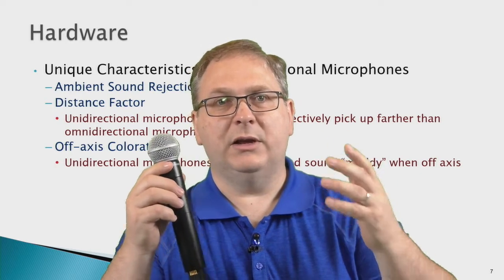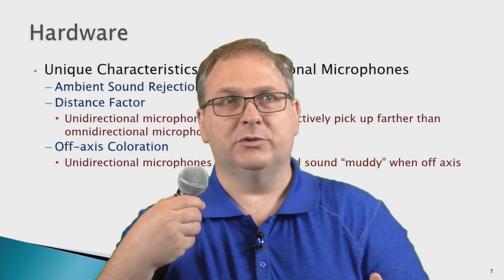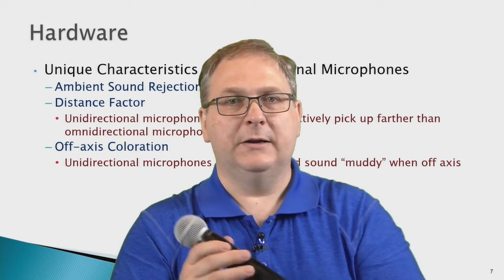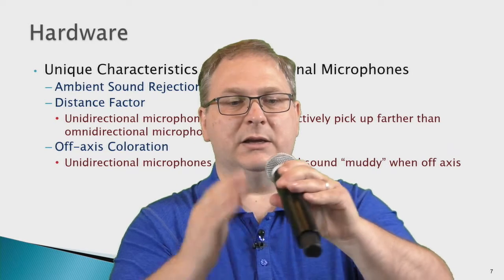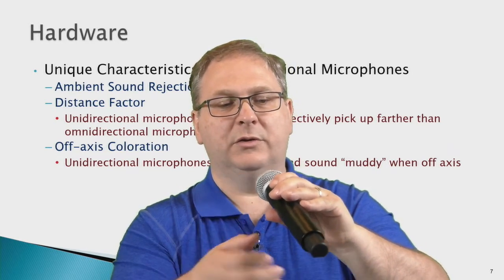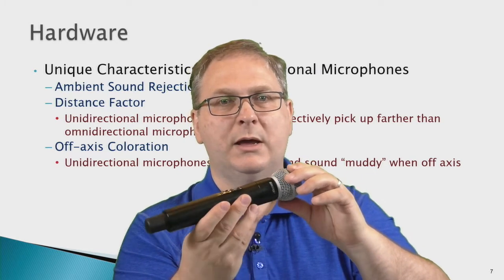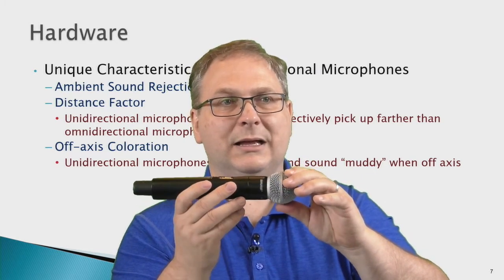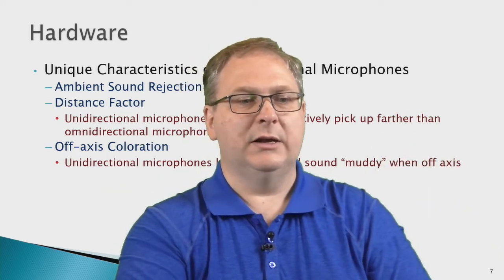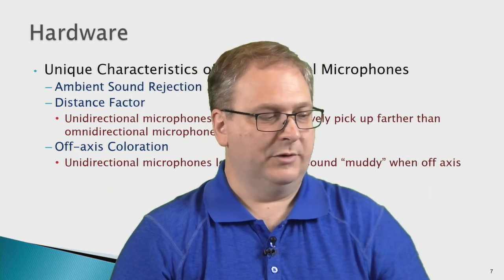So if you did have a lapel microphone, as an example, that was omnidirectional, it wouldn't matter which way that lapel microphone was pointing, it would be just as clear. Whereas with a microphone like this, it's clear when you're dead onto the microphone, onto the face of it, but as you start turning it away, it starts to sound less and less clear. You might still be able to turn the volume up and hear it, but it's not as clear as it would be when you're facing that microphone.